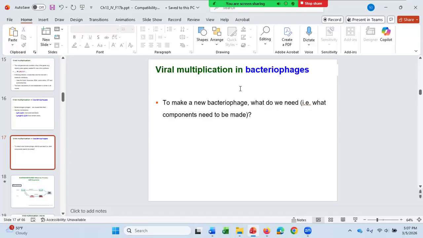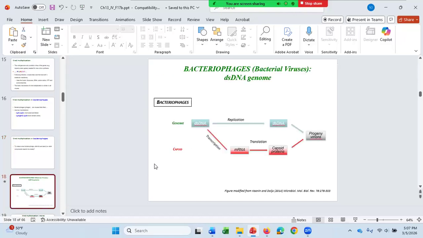Yes, what I'm trying to get at is it needs to replicate at a minimum its genome and the protein coat that the virus is surrounded by. Now, obviously, if there's a viral envelope, that would have to be replicated as well. But bacteriophages, bacterial viruses, they need to replicate their genome.